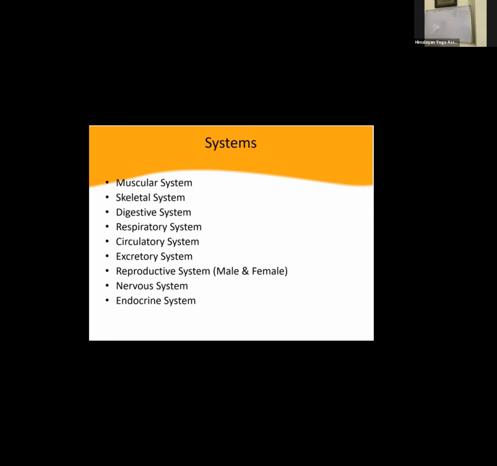Okay, so we have already covered the muscular system. Then we have skeletal and digestive, respiratory, circulatory. Then the new ones, we have the excretory system.